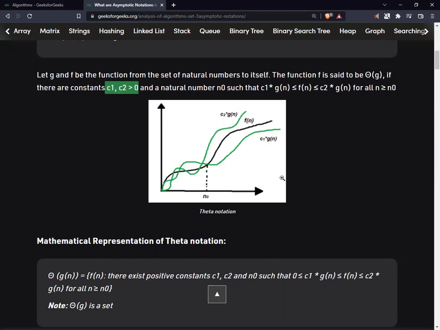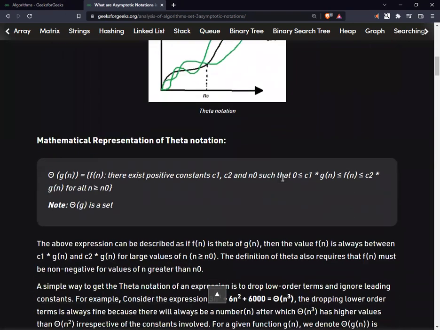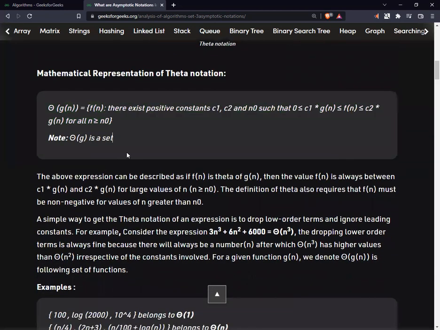This is the mathematical representation: theta of g of n is equal to the set of f of n such that there exist positive constants C1, C2, and n0 such that 0 is less than or equal to C1 times g of n, which is less than or equal to f of n, which is less than or equal to C2 times g of n.